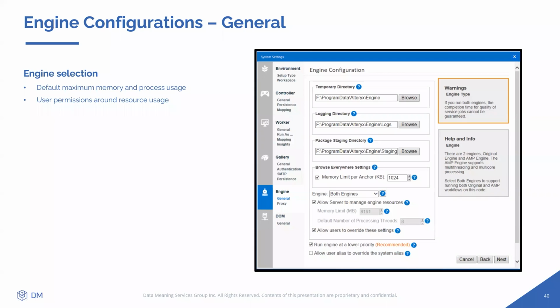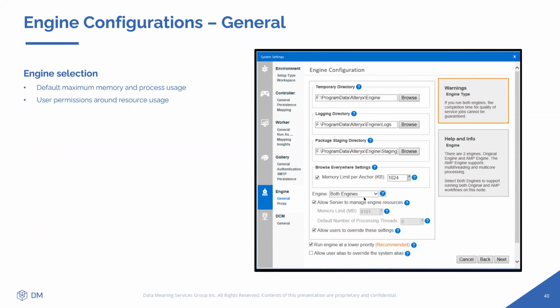Okay, so engine. This setting will tell the worker which engine it can use and therefore which workflows it can run. Remember that in the controller general configuration up above, we have enabled the AMP engine. And now we are setting this node to run both engines, as we are seeing here.